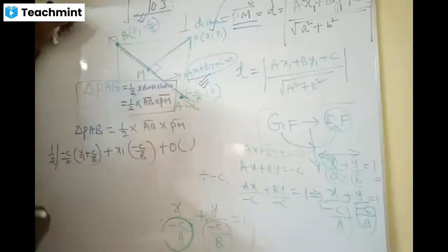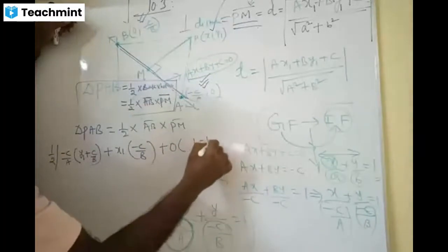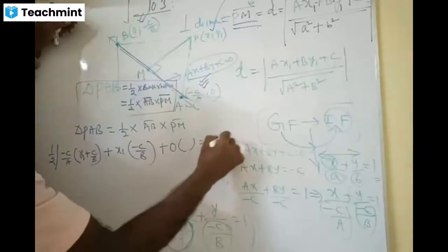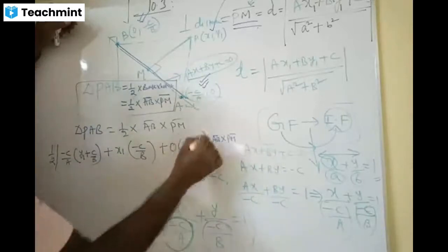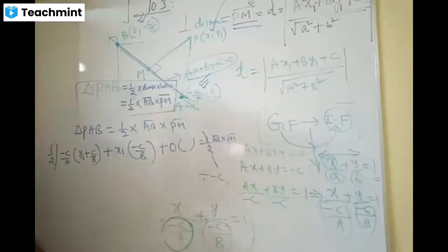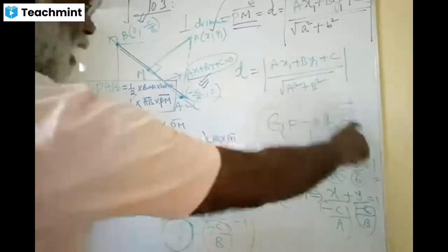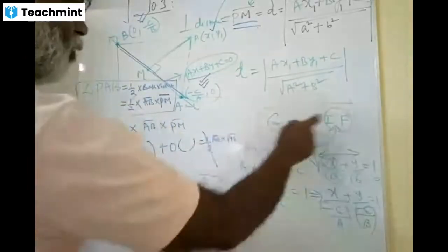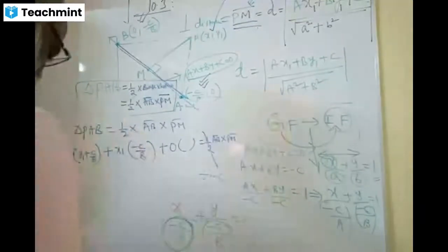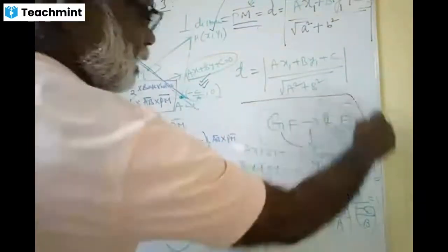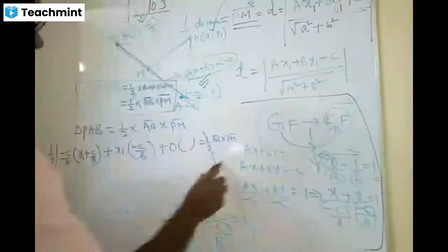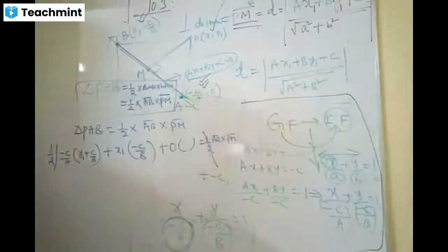That is equal to half into AB into PM, with the half on the other side. Clear, boys? Clear? Yes, sir. Have you taken it down? All of you, have you taken it?